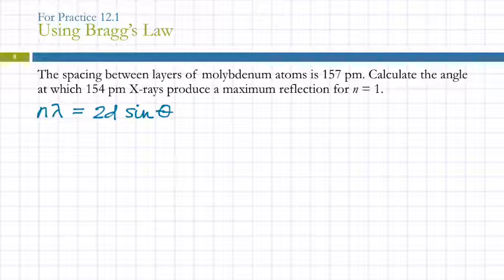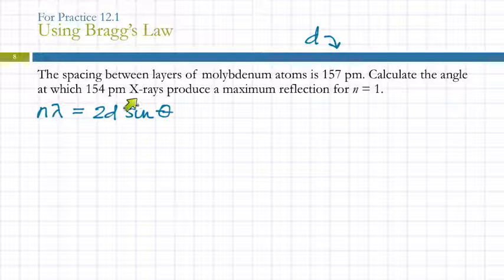Calculate the angle at which 154 picometer X-rays produce a maximum reflection for n equals 1. So when they say the spacing between the layers is this, that's D in the equation. D is the spacing between the layers of the atoms. So that's D right there. We're supposed to calculate the angle, so that's theta.